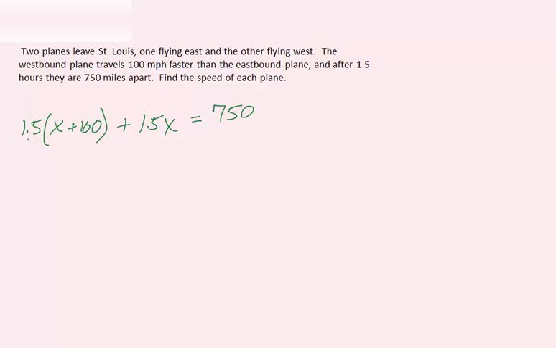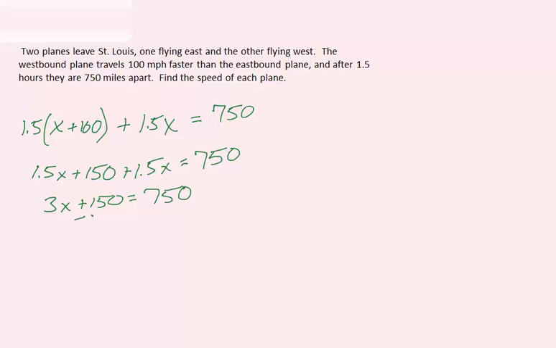So if we distribute our 1.5 through, we'll have 1.5x plus 150 plus 1.5x is equal to 750. If we combine like terms, we'll see that 1.5x plus 1.5x is equal to 3x, plus 150 is equal to 750.